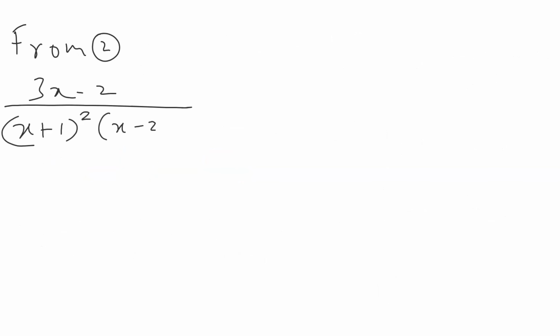From equation number 2, 3x minus 2 upon x plus 1 the whole square x minus 2 is equal to, first, the non-repeated factor x plus 3, sorry, I'm just copying this wrong. Non-repeated factor first.